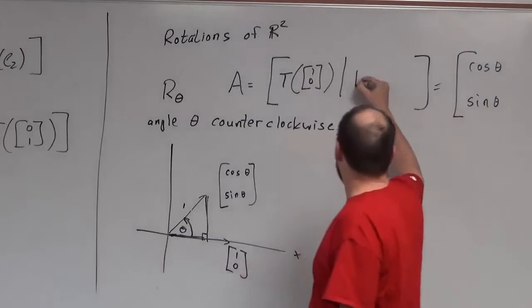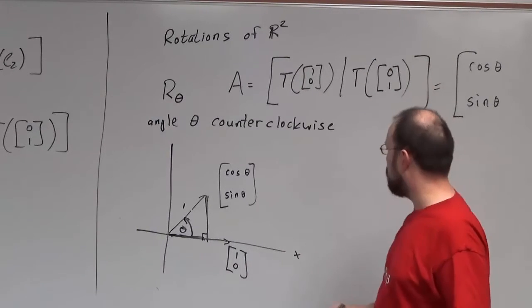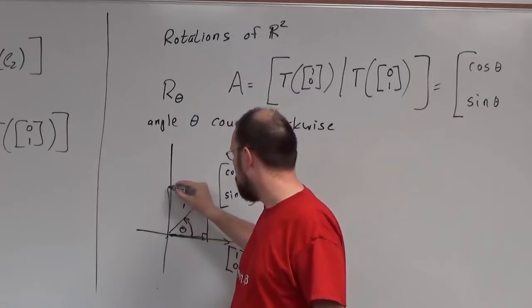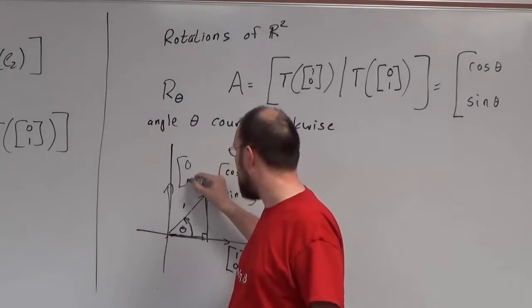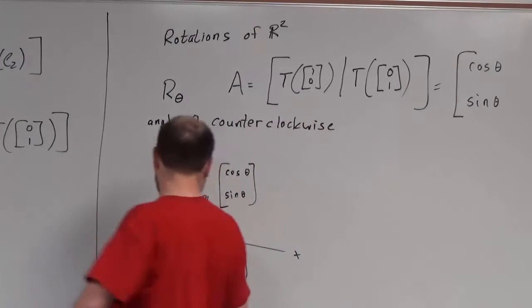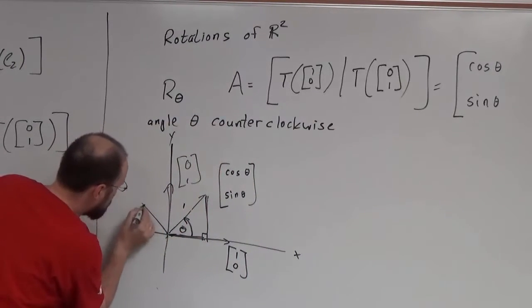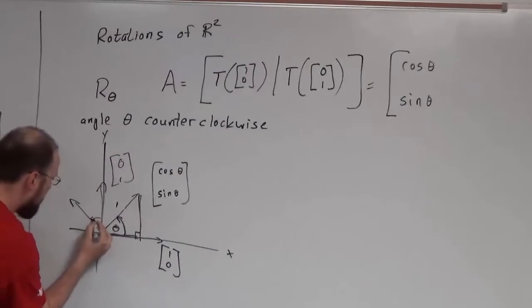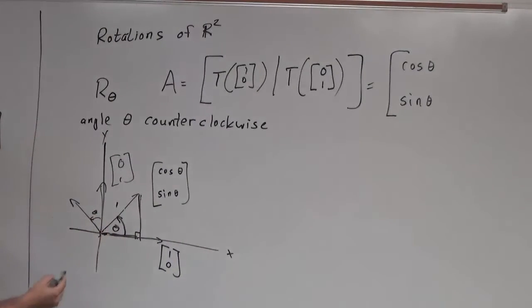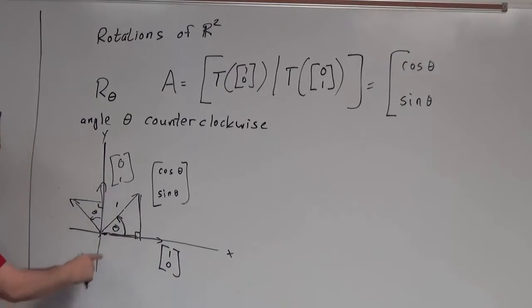So now let's check what happens to the second standard basis element. So that's a unit vector pointing this way, in the positive y direction. You rotate that by angle theta. Okay, and then we can draw a right triangle, and then we can see that the x component is negative in this picture, right?